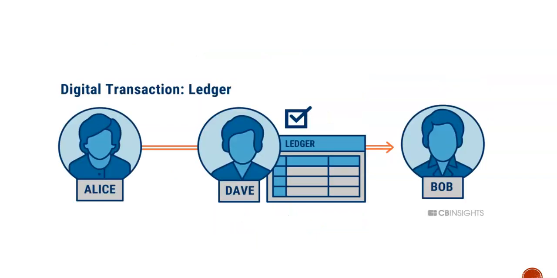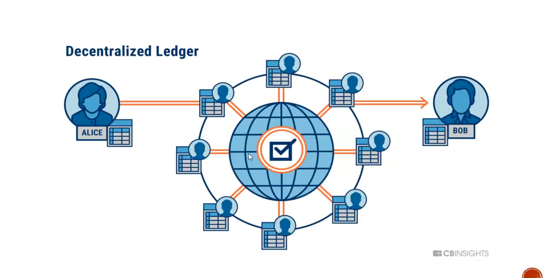While here we could see only one copy of the ledger is present, and this is called a centralized ledger. What happens if this ledger is getting deleted or it's getting forged by Dave? Nobody knows about it. But in the case of a decentralized ledger, even Alice and Bob cannot change any values in the ledger.